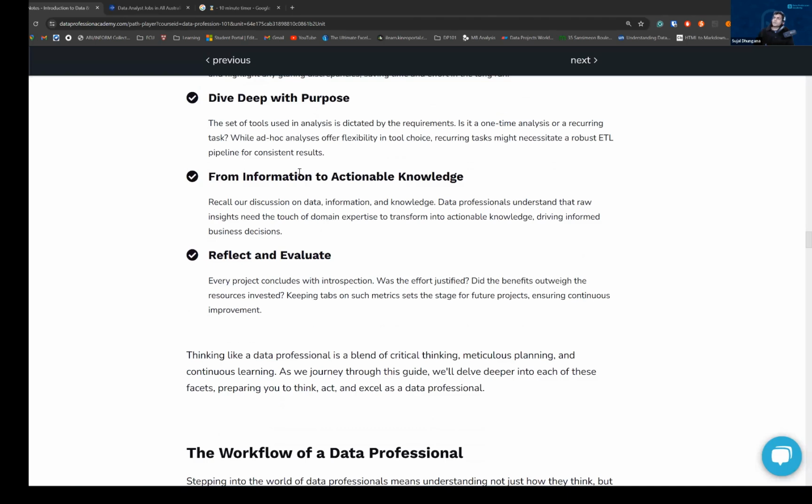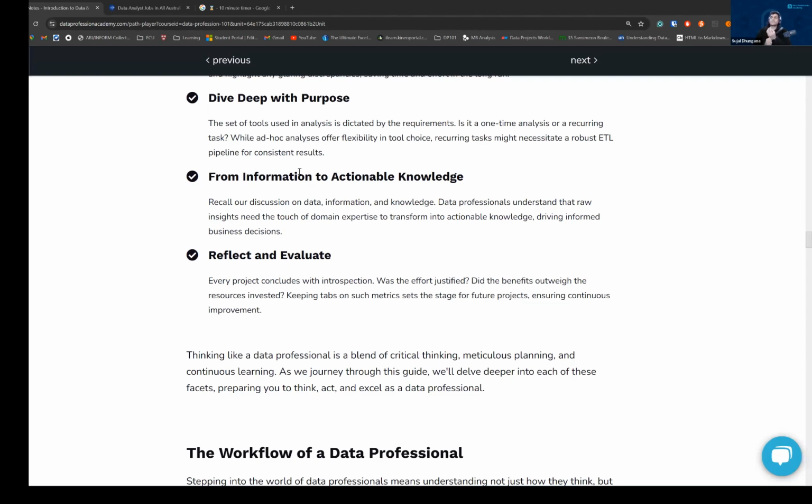From information to actionable knowledge. If we call back to our discussion on data, information, and knowledge: once you are done with your analysis, you produce information. That's not knowledge on its own, unless you have the domain expertise as well. So you now need to combine the information from your analysis with domain expertise.